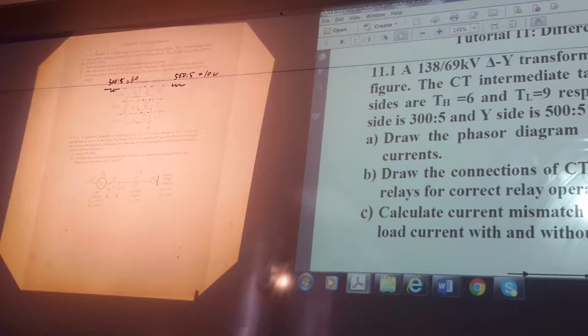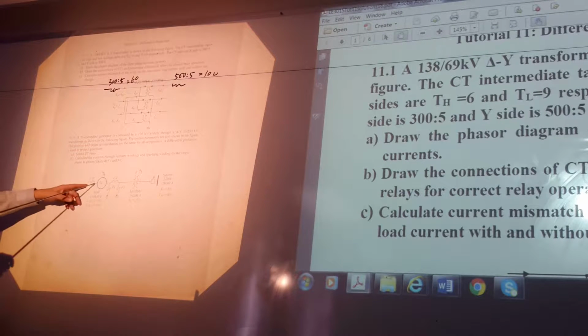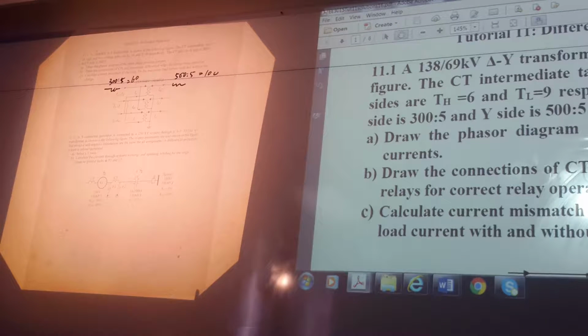So the current is already not exactly the same. Unlike this, it's a Y connected, the way you tap on either side will be more or less the same. But with delta Y, it becomes not so straightforward. So these are something you need to worry about, and we have to minimize the mismatch.